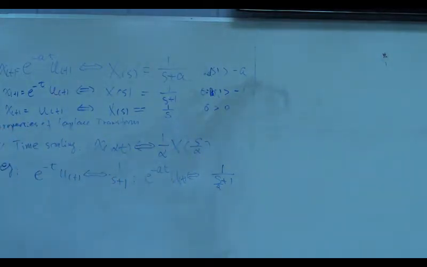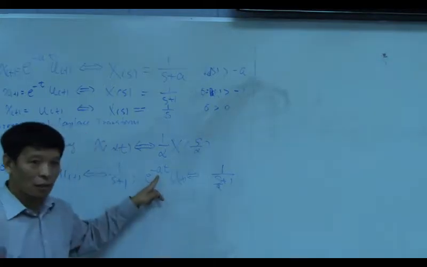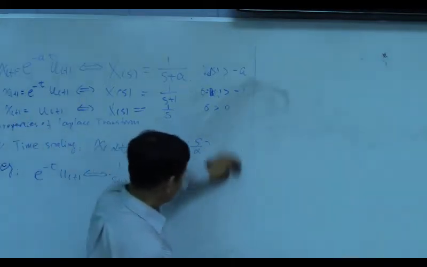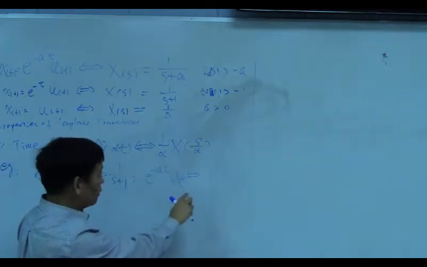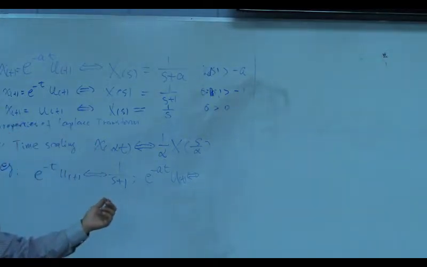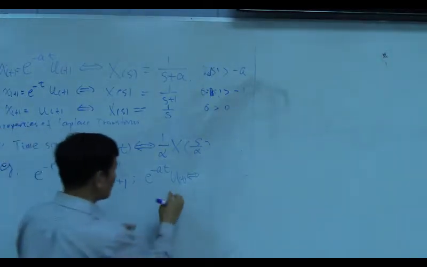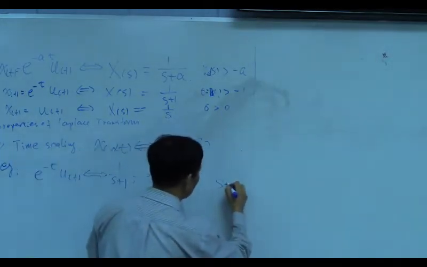Make sense? But you don't have to write the a in the answer? In the answer, yes, the a is given. This is a constant. If we don't have this a here, this one is 1 over s plus 1.